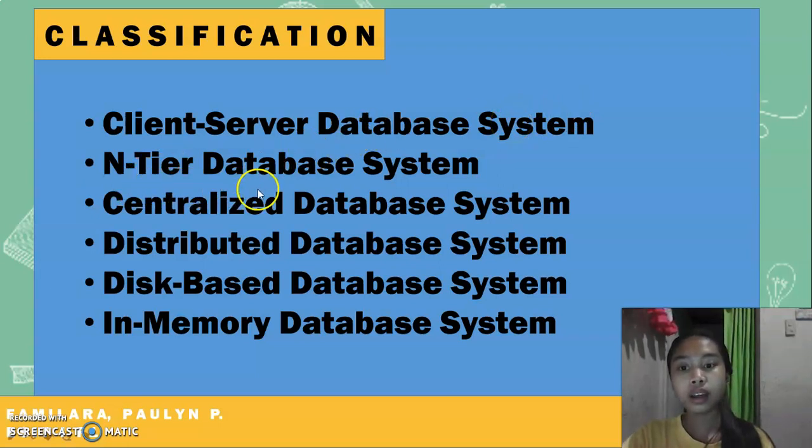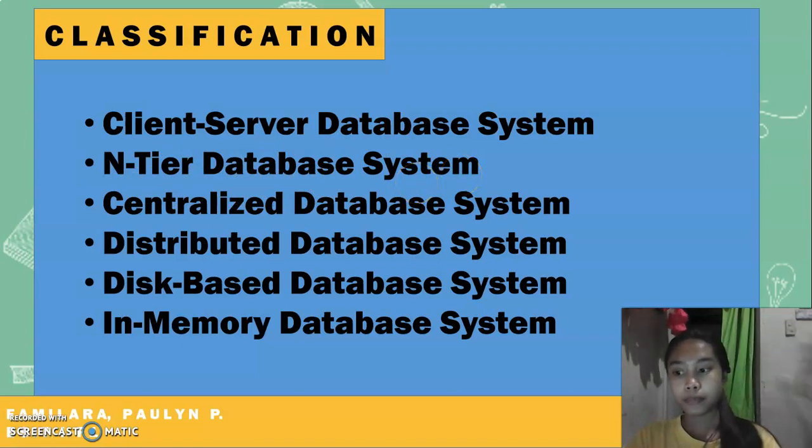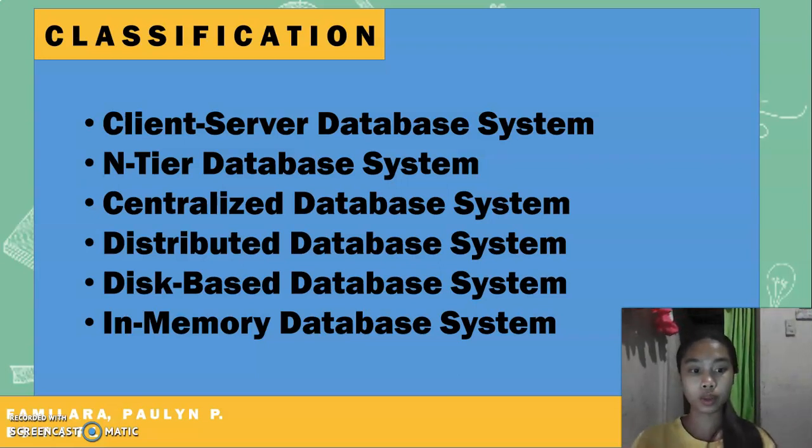The n-tier database system naman, it has more than two tiers. The first is the client and the server. But nagkakaroon siya ng middleware kasi it is an additional tier that typically contains software. That is what we call the middleware.